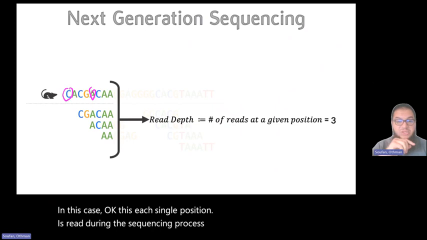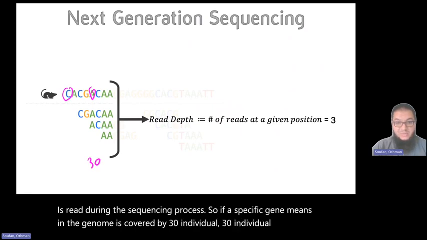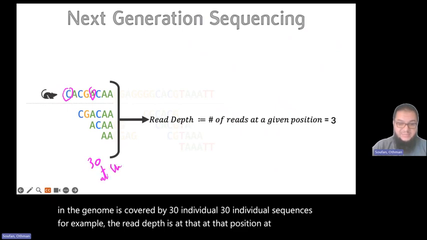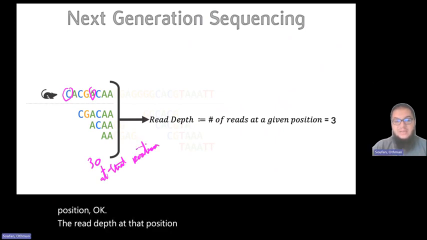So if a specific base in the genome is covered by 30 individual sequences, for example, the read depth at that position is 30x, 30 times.